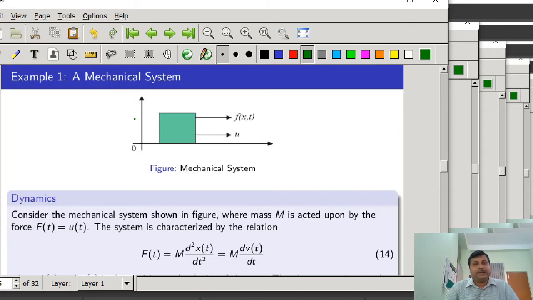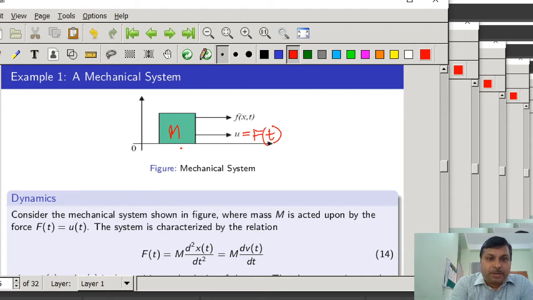To understand that, we have taken a mechanical system. Suppose we have a mass m. Now we are applying a force u, that force is represented by u, or you can say a force f(t) is applied. Once you apply a force in this direction to a mass m, we assume there is no friction.